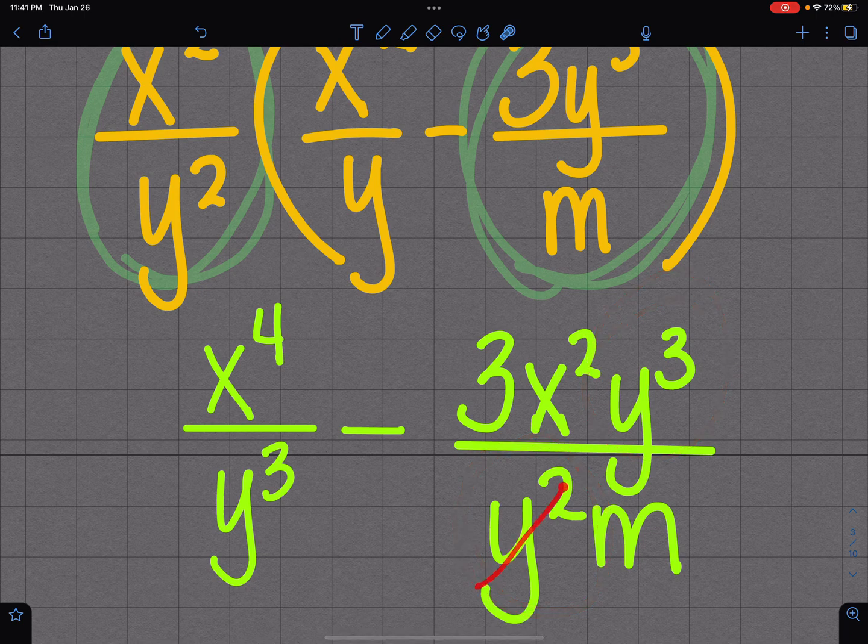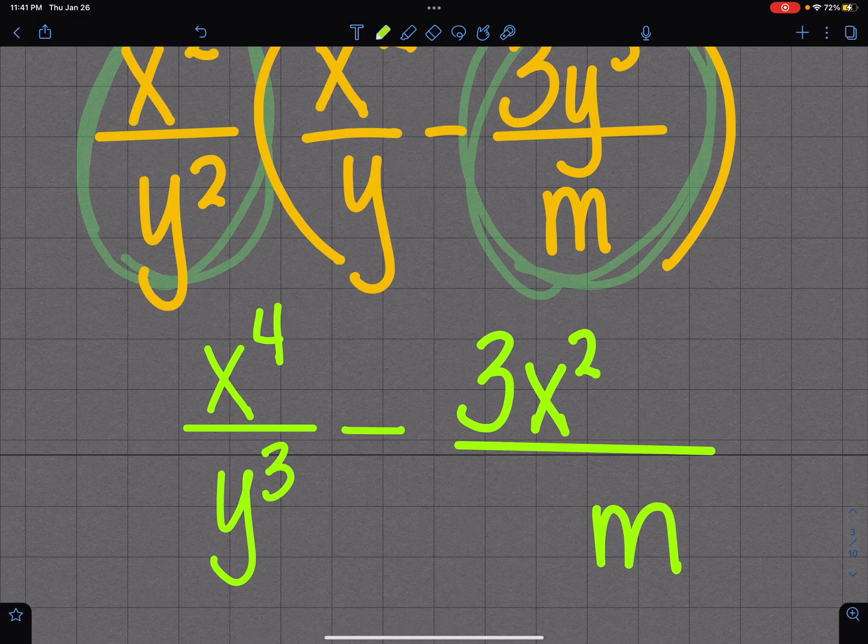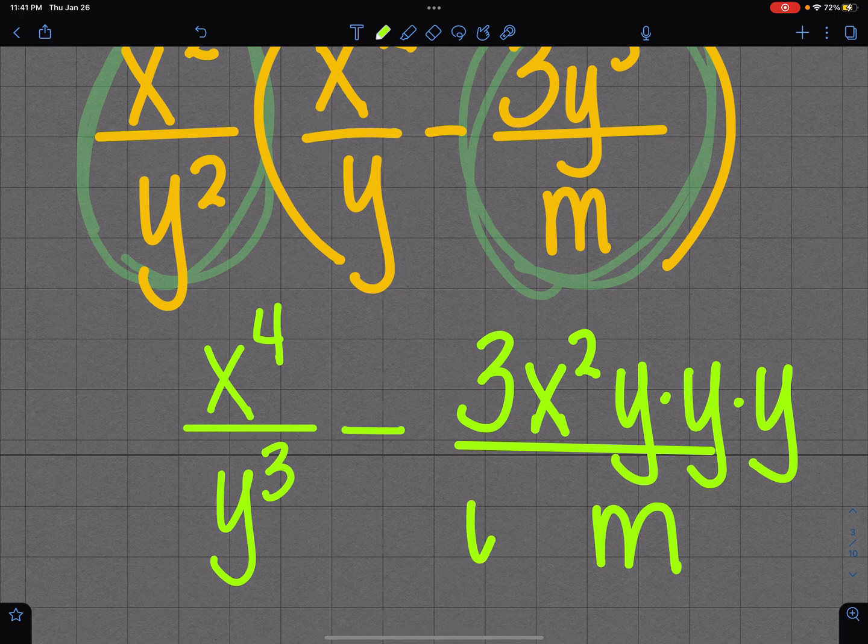There's 2 y's here and there's 3 y's here. So the way I think about it is there's going to be only 1 y on top. Why? That's a funny question. Because there's 3 y's there and there were 2 y's there. So basically 2 of these cancel out 2 of these. So now there's going to be no y's on the bottom and only 1 y left on the top.